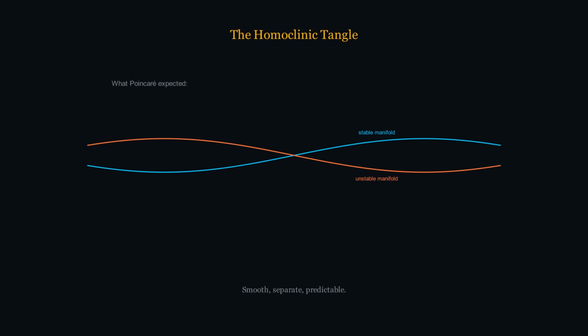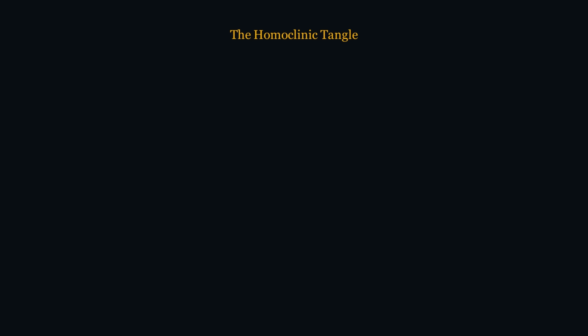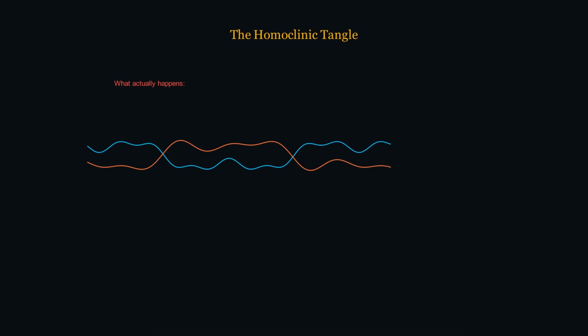To understand why it matters, imagine the phase space of a three-body system, a geometric space where each axis represents one of the system's variables. Within that space are structures called stable and unstable manifolds. Poincaré initially believed these curves reconnected smoothly, forming boundaries that confined motion to predictable regions. They don't.